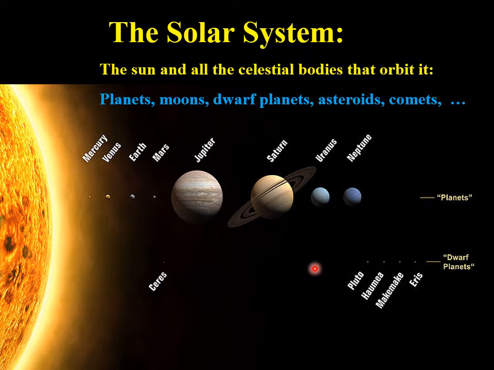And then there are dwarf planets such as Pluto and various others that we'll be talking about. This picture here is certainly not drawn to scale in terms of distances, but it does give us the correct scale and sizes, so you get an idea of how large the sun is compared to, for example, our Earth.